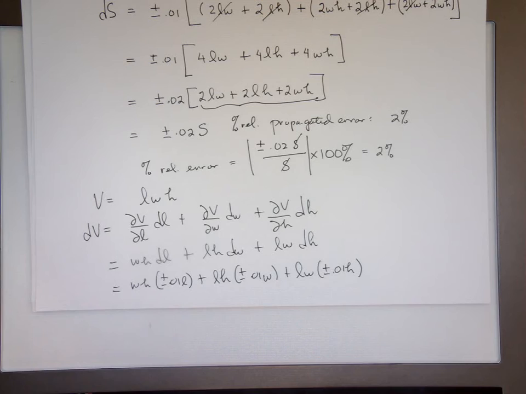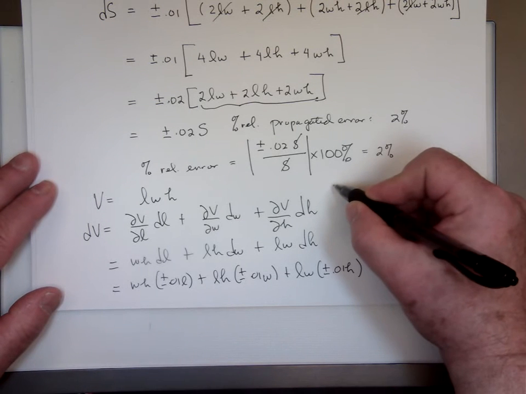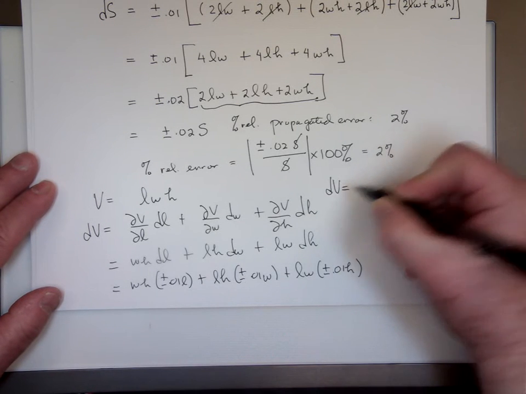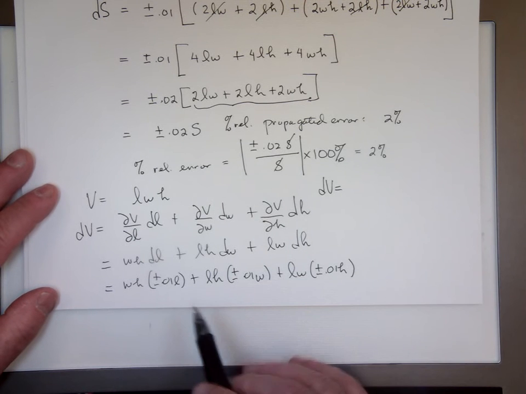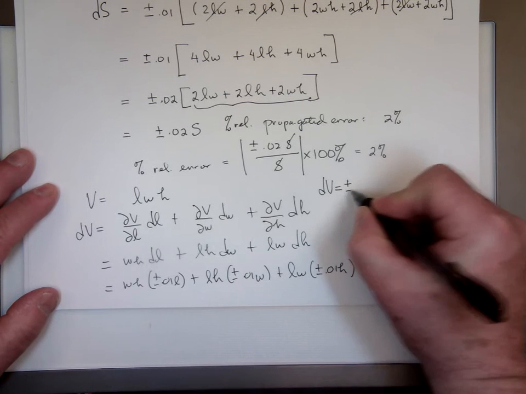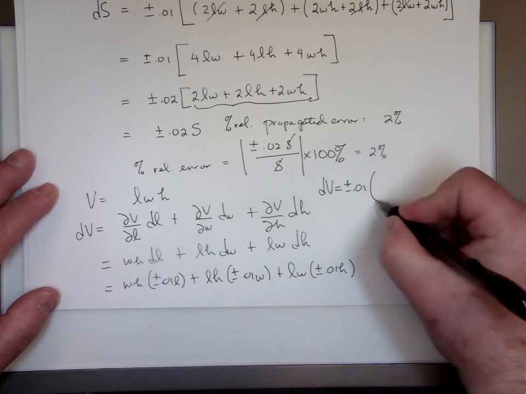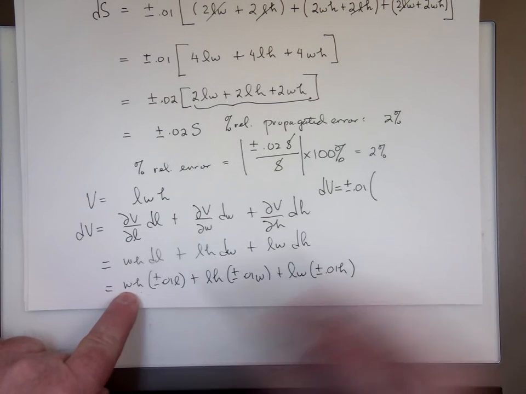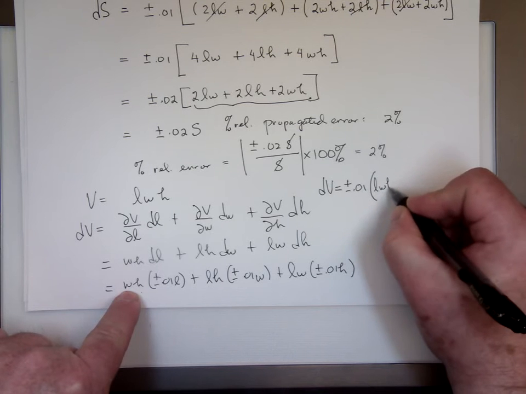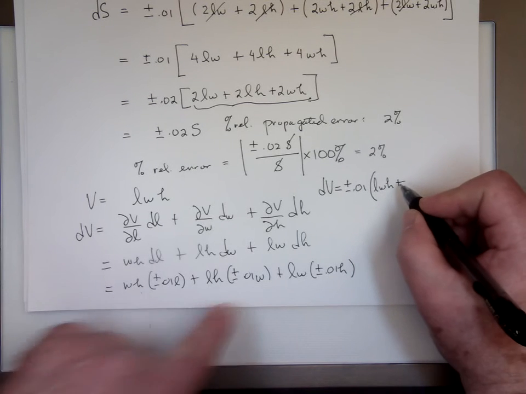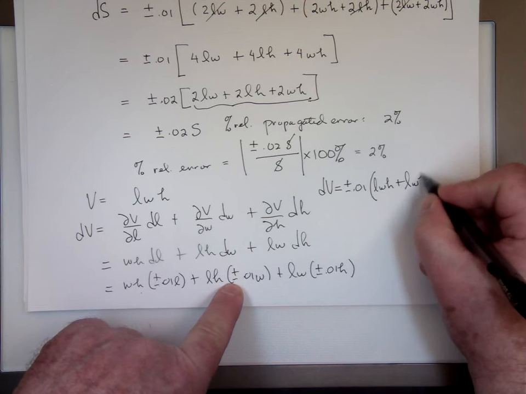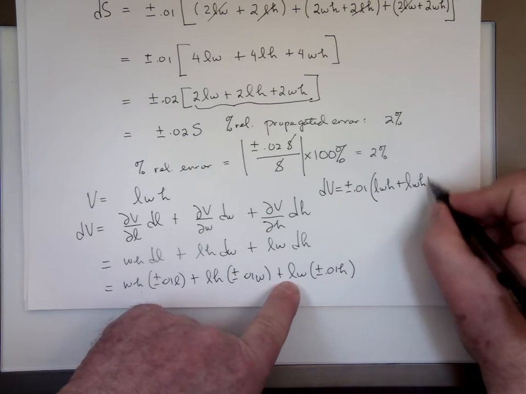So what do we end up with? dV is equal to. Now, please note, I can take out, again, a plus or minus 0.01 out of each of these. And I'm going to get an LWH here plus an LWH here plus an LWH here.